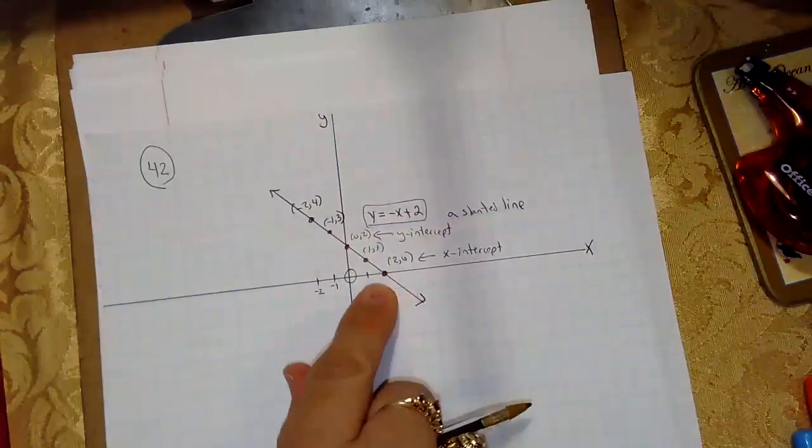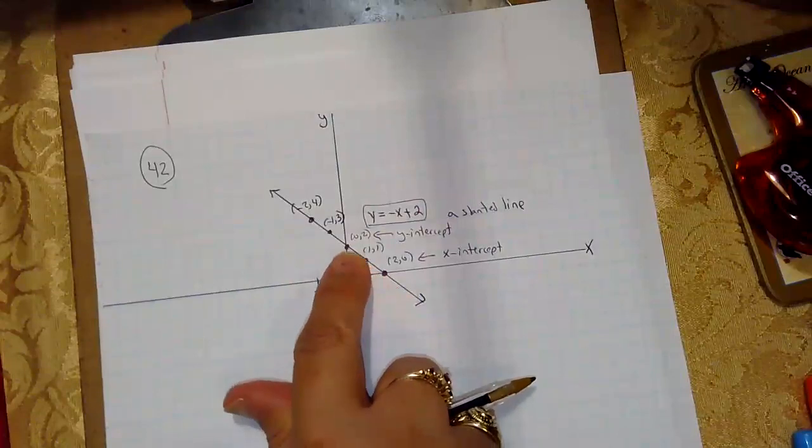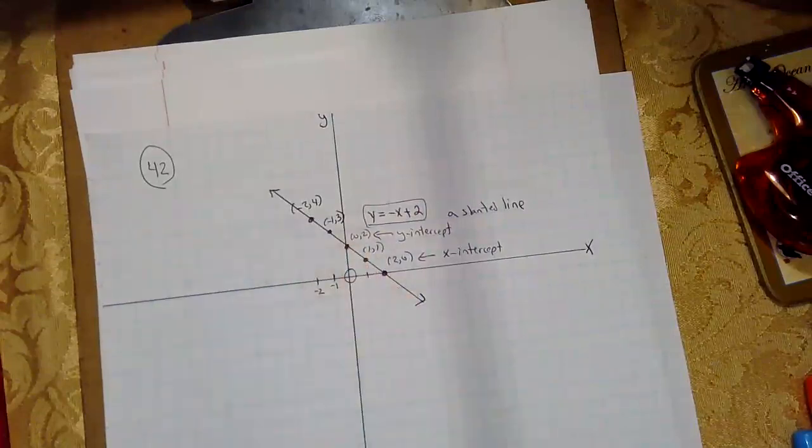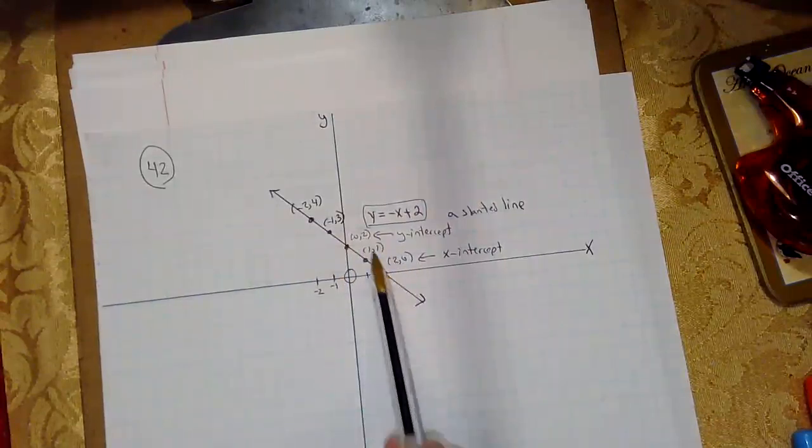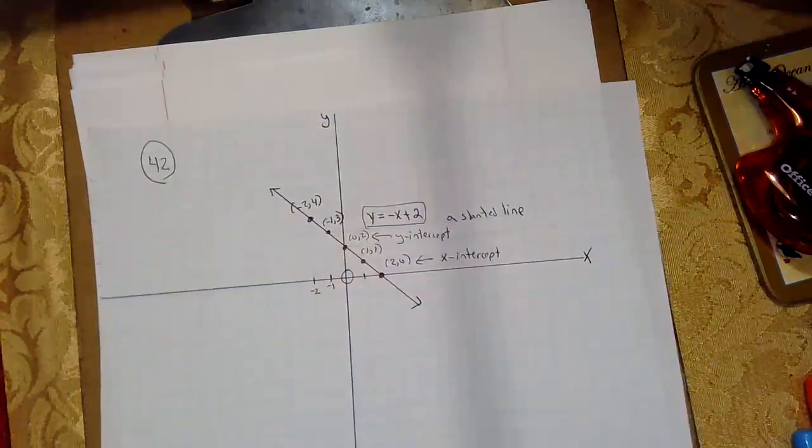So this is where the graph crosses the x-axis. This is where the graph crosses the y-axis. So those are called intercepts. Okay. And sometimes you could get a fraction. These are nice counting numbers, natural numbers, right? And you could get a fraction sometimes. Here they intercept at those natural numbers.